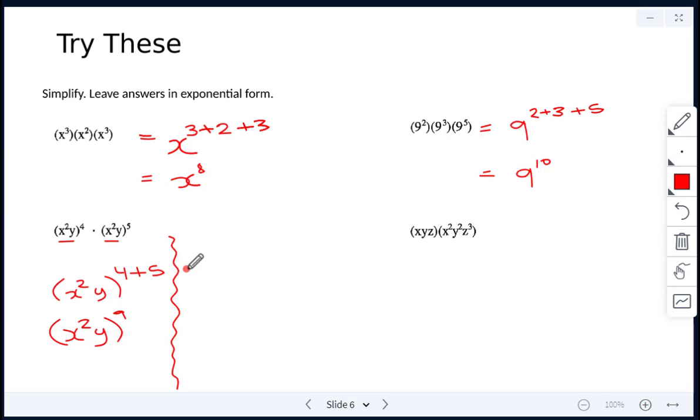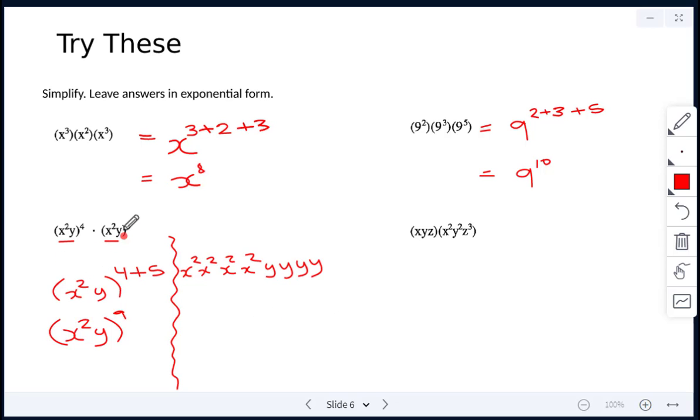So if we were to expand this out, it would look like this: x squared times x squared times x squared times x squared. I've written it out 4 times. Then the y would also be written out 4 times. Y, y, y, y.